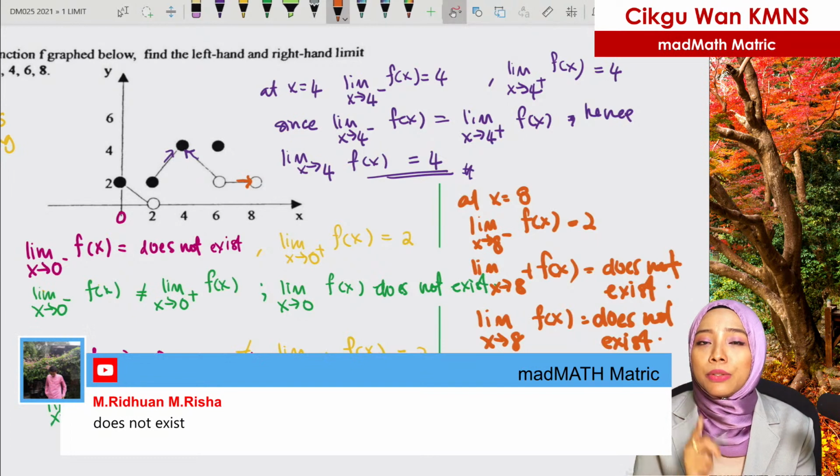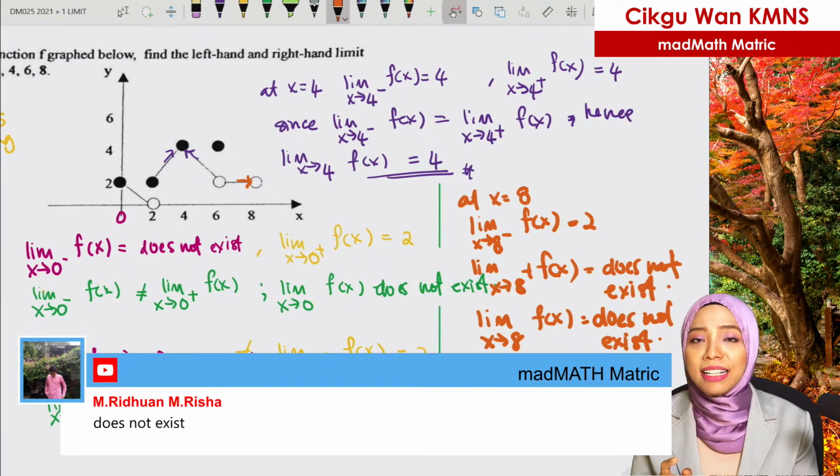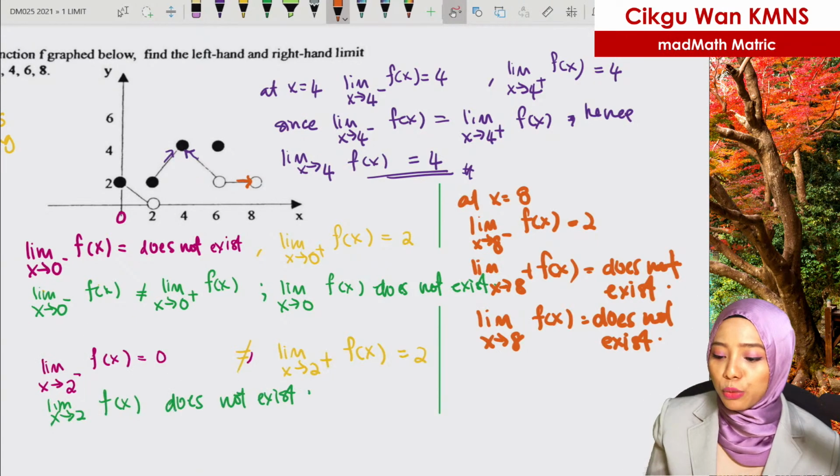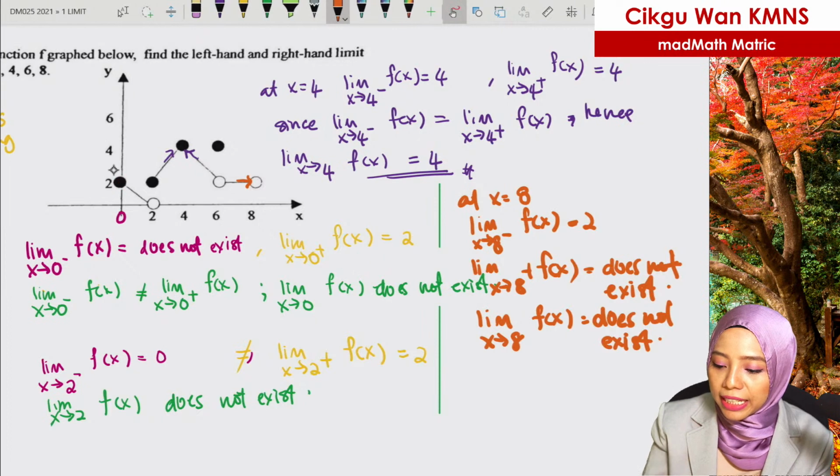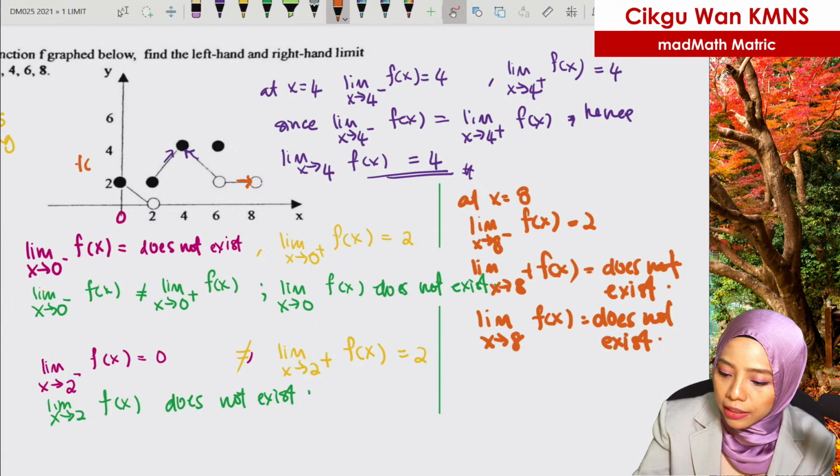Okay, so now what does defined mean? Defined means when you substitute the values. For example, when x equals 0, it gives you 2.